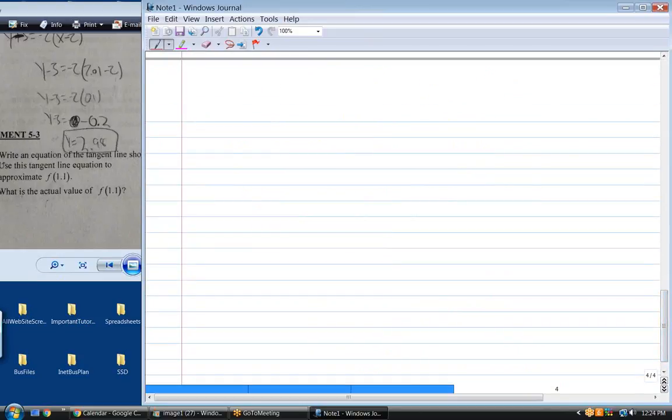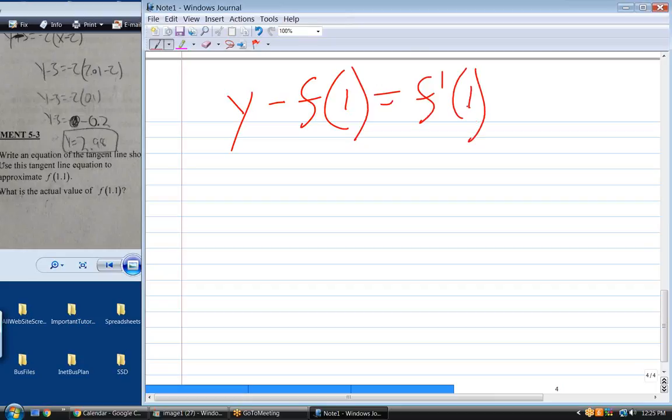Let's first of all write it like this: y minus f of 1 equals f prime evaluated at 1 times x minus 1. In other words, the general formula is y minus f of c, c being the x coordinate, equals f prime of c times x minus c.